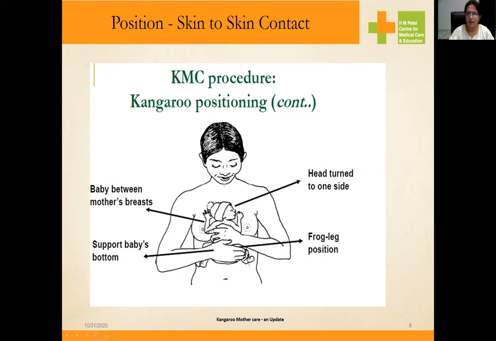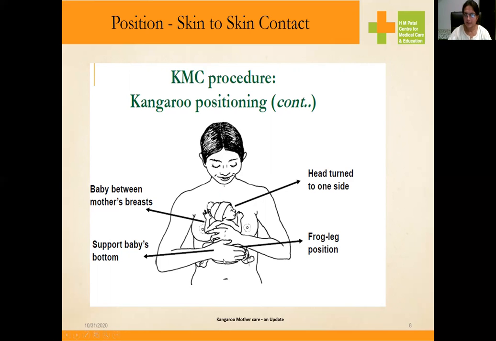Usually, the mother wears a gown which is open from the front side. Baby is also undressed, and we can put a small piece of cloth, open from the front, on the baby's body.